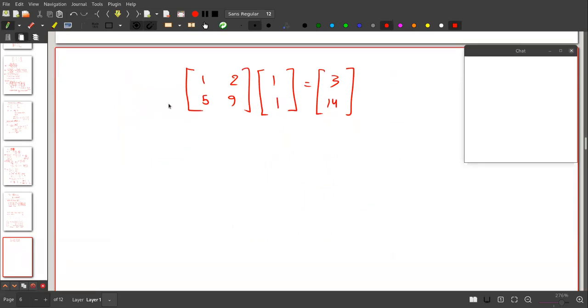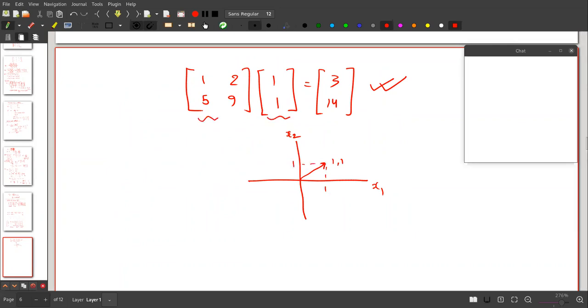So what does this represent? Say I draw the first unknown here, the second unknown here, and the vector 1 1. So x1 is 1 and x2 is 1. What I have done is operate this matrix on this vector, and now the vector became 3 and 14.